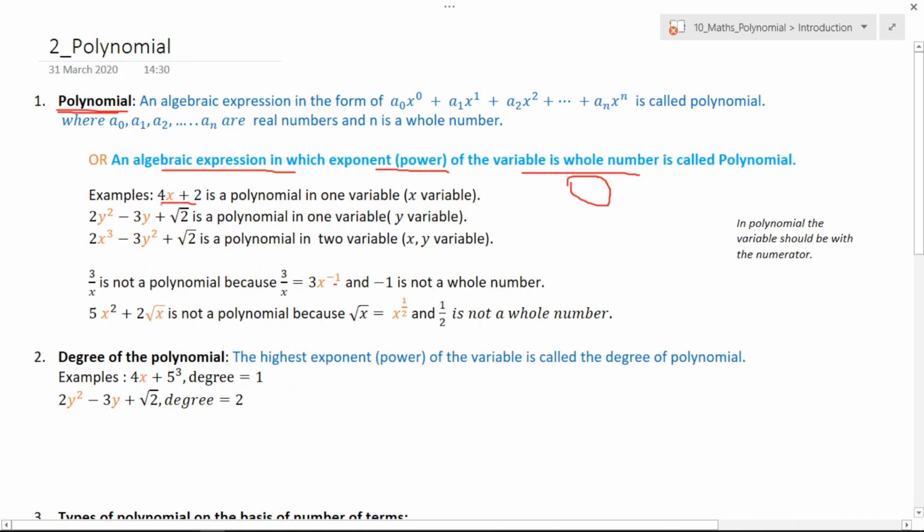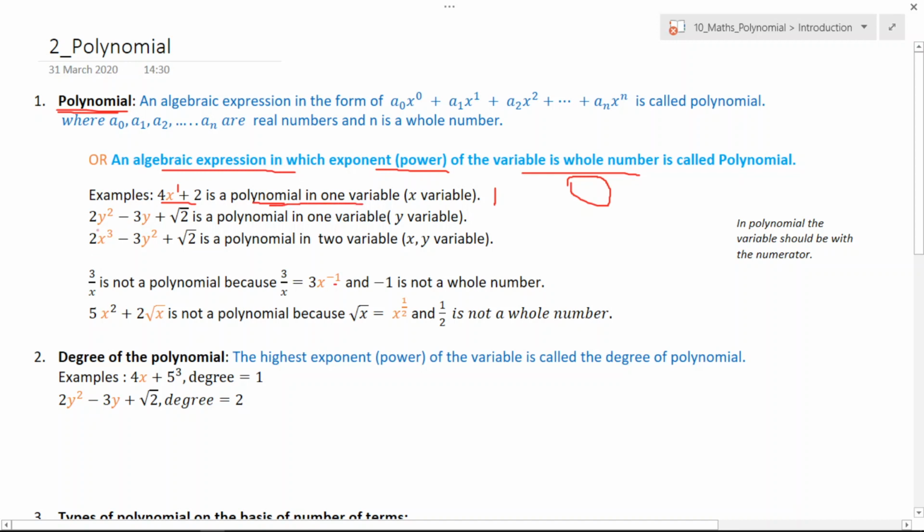First is 4x, which is a variable term, and second is 2, which is a constant term, and the power of the variable is 1, and 1 is a whole number, so we can say 4x plus 2 is a polynomial, and this polynomial consists only one variable, so we can say it is a polynomial in one variable.